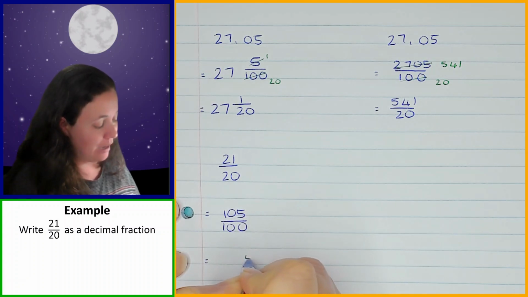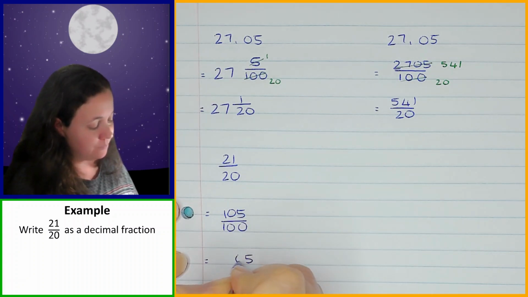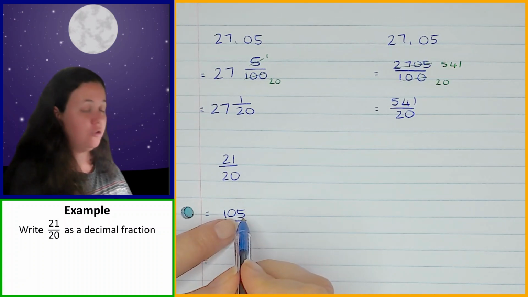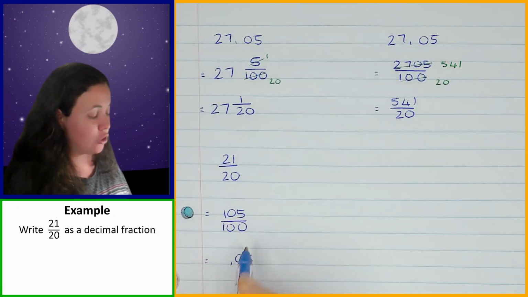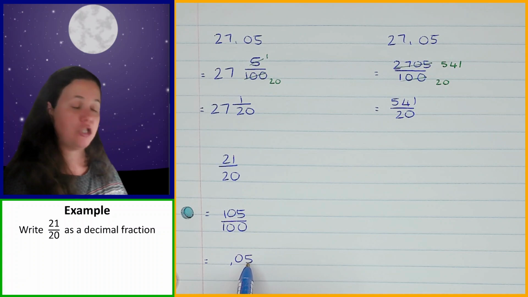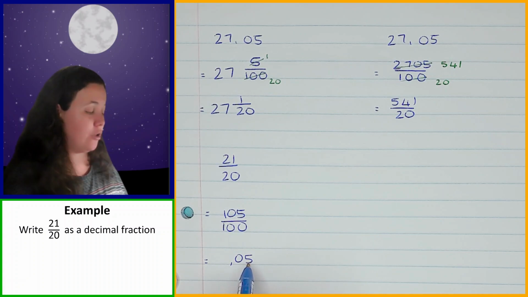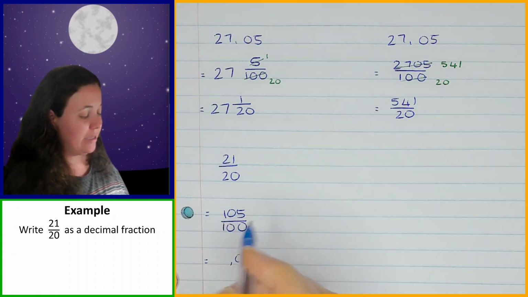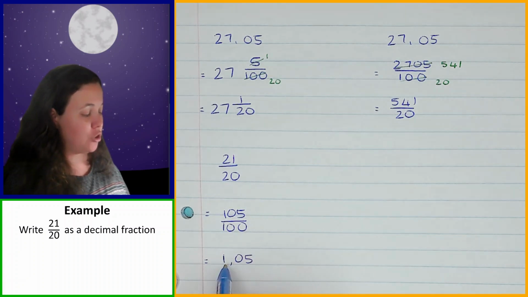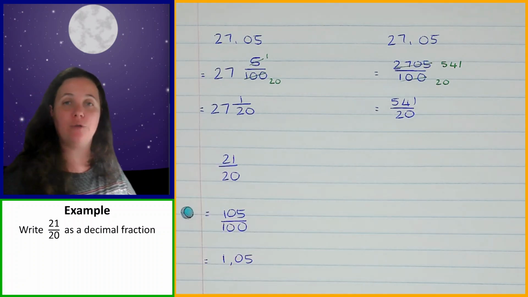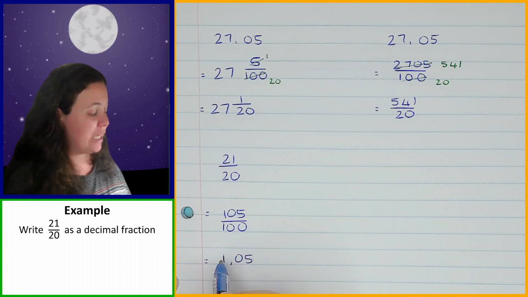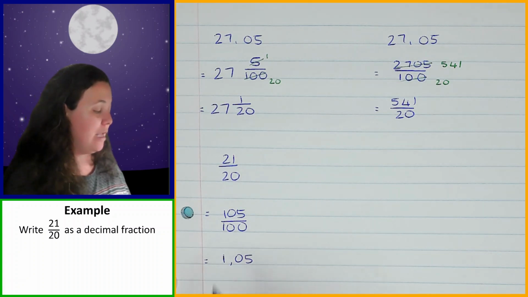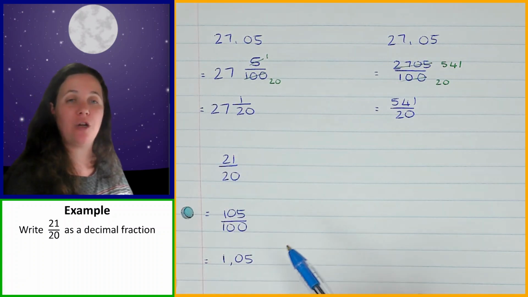So I'm going to have the 5 and the 0. Those 2 are going to be after the comma because the hundredths position is 2 places after the comma. And then this 1 over here, which is still there, has to go on the other side of the comma because I still have to write it somewhere. Okay, so that gives me 1,05, which is the same as 21 over 20.